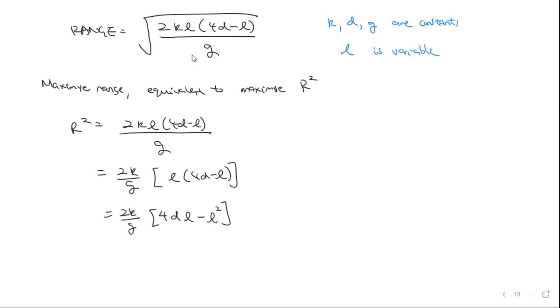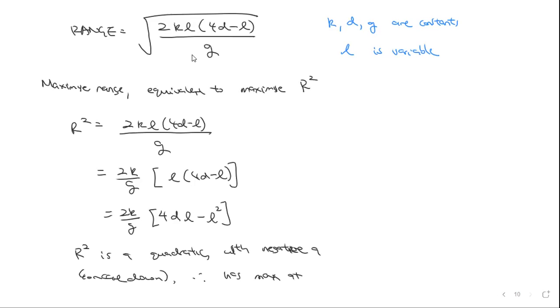But I will note that r squared is a quadratic with a negative a, concave down. So therefore, it has a maximum at its vertex. I could use calculus to prove that. You don't have to though, because it literally is a quadratic, right? It's constants. It's just in terms of L, you've got L squared with a negative. So it's a concave down parabola.